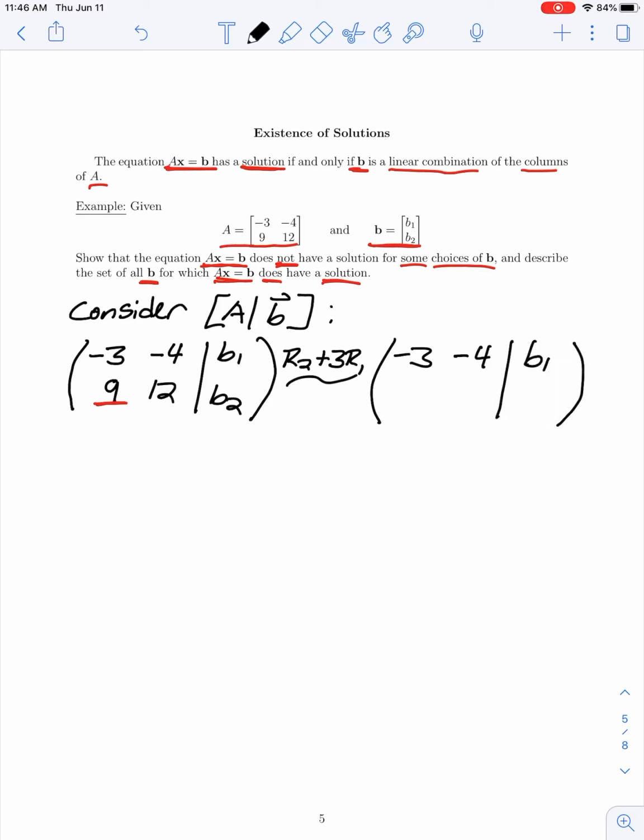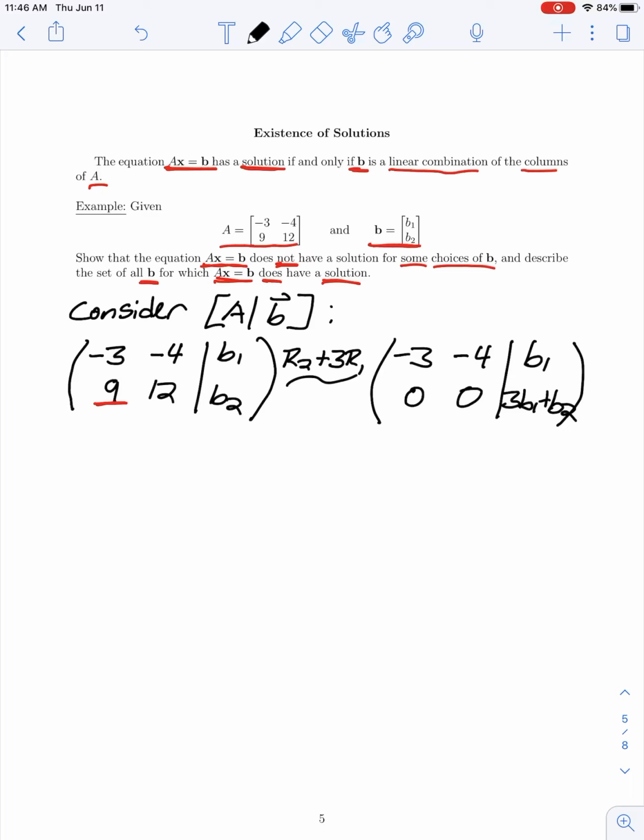And when I perform this operation, let's see what we have. So I would have a -9 plus 9 is 0, -12 plus 12 is 0, and then 3B1 plus B2 for the entry on that right-hand side.